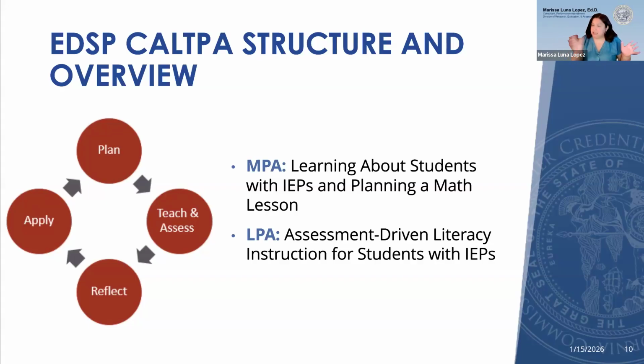But again, each credential authorizes something just a little bit different. So you may have a birth to 22 authorization for some credentials, whereas you may have a TK through ATP authorization. So it really depends on the individual credential. So do take a look at that page V. I believe it's on the front of each of the individual guides. Yeah, you're right. It's very early on.